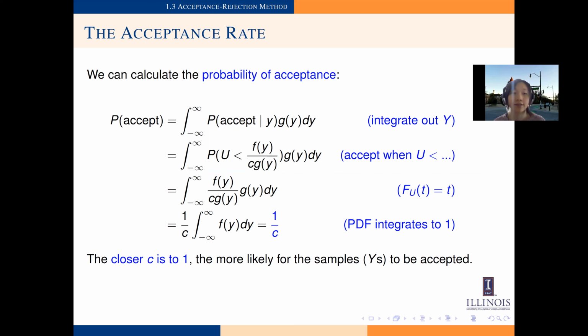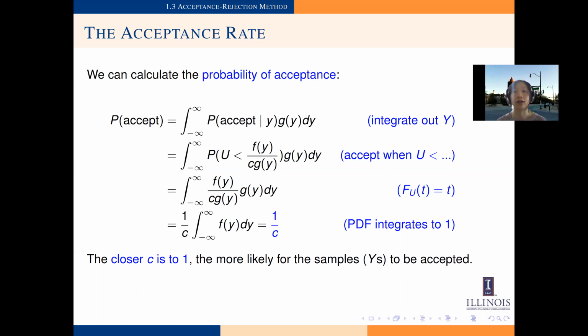This tells us that the closer c is to 1, the larger 1 over c is going to be. Then the more likely for the samples, or the y's, to be accepted. The larger the c value, say if c is 100, then 1 over c is about 0.01. This will mean that out of all of the y's that we draw, only about 1% of them will be accepted as samples of x, and the other 99% will be tossed away.